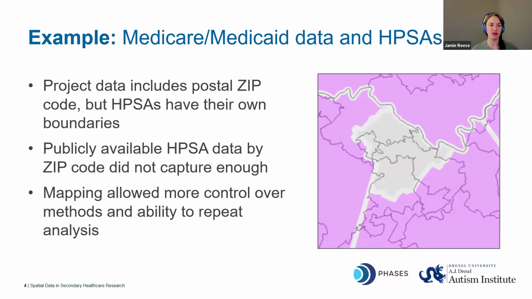It indicates that there's not enough primary care or dental or mental health providers in the area. We have data in Medicare and Medicaid that's by zip code. The health professional shortage areas are available and they're in their own geography. So in order to make those two data sources work together, I put them on a map and I joined them spatially.